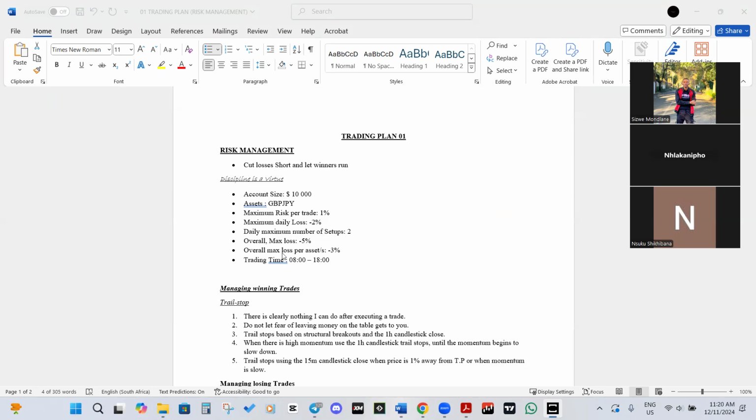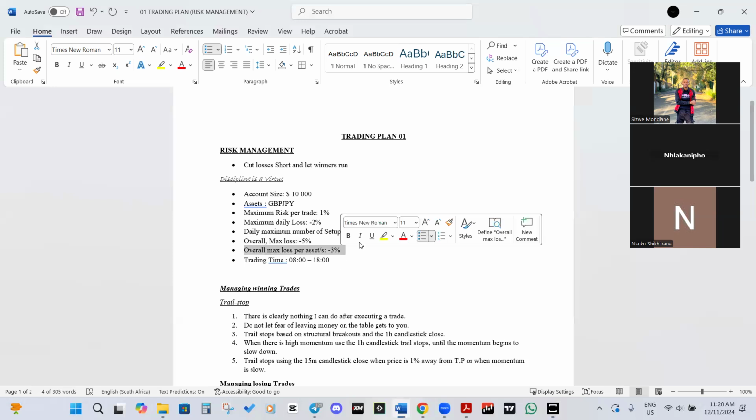Okay, and then overall max loss per trade. Also, you see these rules I've put, these are for my side. I got these through backtesting. So I know that on a given sample, for each asset which I trade, GBP, JPY, and US stocks, it's very unlikely for me to lose like 3% on each asset.